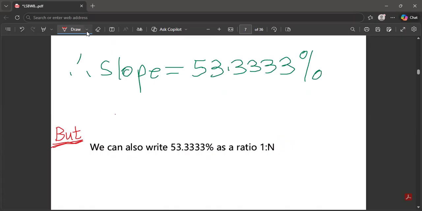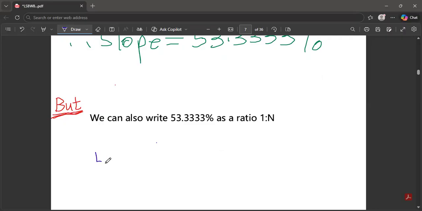And if you want to do that, as we have learned earlier, let's just round it to two decimal places. So 53.33 percent can be written as a fraction, 53.33 all over 100, which is equal to 1 in n.